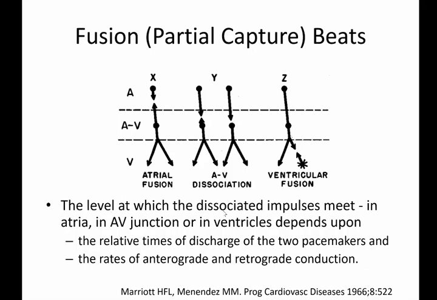So whether the dissociated impulses meet in the atria, the AV junction or the ventricles will depend on the relative times of discharge of the two pacemakers, and the rate of antegrade and retrograde conduction. If the collision of the atrial and ventricular impulses, that is the dissociated impulses, occurs in the AV node, then this will not be apparent on the ECG, and so you will not find any fusion beat. Whereas if this occurs in the atria, you will find atrial fusion beats, or if it occurs in the ventricles, you will find ventricular fusion beats.